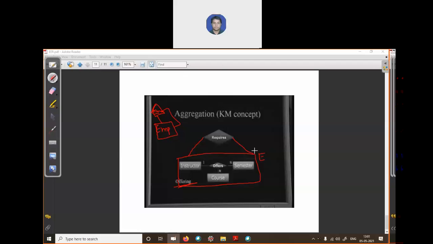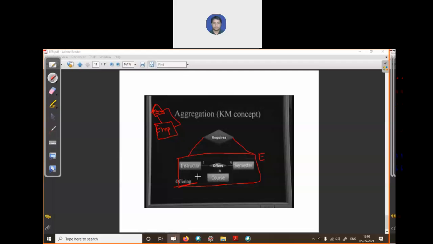So now try to understand this example. This is one entity type, offering, and it requires a relationship, a unary relationship. It requires this entity, meaning the courses we are going to teach in the next semester require a prerequisite. Before we study any course, there is a prerequisite, meaning you need knowledge of another course.